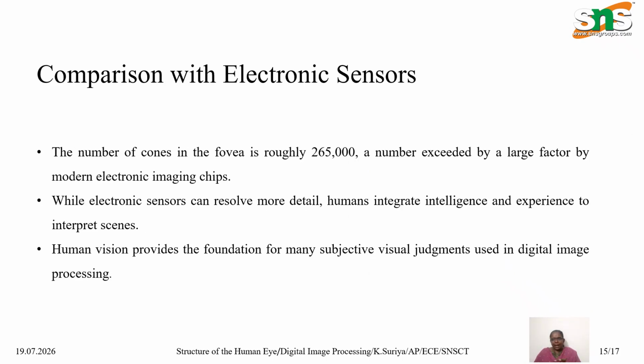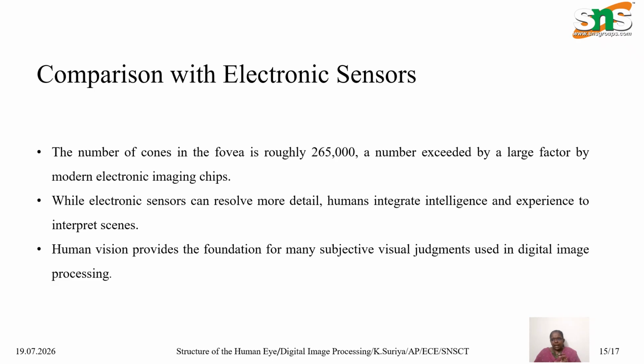Now let us compare the human eye with electronic imaging sensors. Modern digital cameras often have millions of pixels, far exceeding the number of cone cells in the human eye.